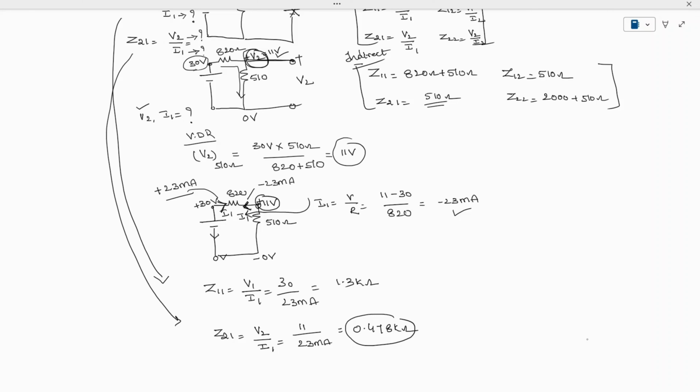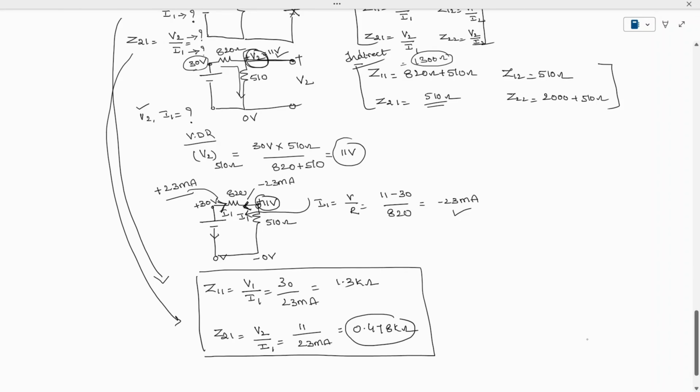You may ask why there is a little change. This is because we have milli values and we are considering only two decimal places. That's why the value decreased. If you take four to five decimal places, you will get the same. Also, if you add 820 plus 510, approximately here also you get 1300 ohms, which is 1.3 kilo ohm. So whether you do it by the direct method or the indirect method, the answer is the same.